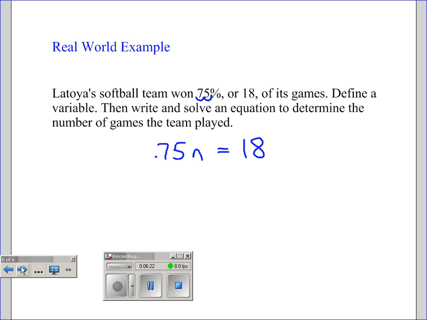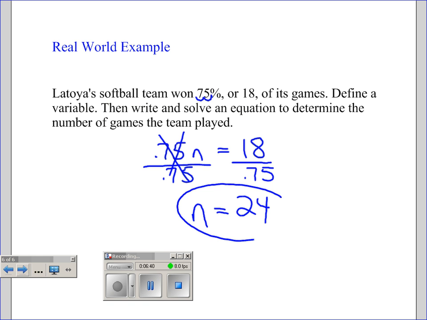That means multiplication, so we have to do the opposite, which is division. We're going to divide each side by 0.75. These will cancel out to 1. This is with n. 18 divided by 0.75 is 24. So her team played 24 games, and always remember to label your answers, especially in story problems.